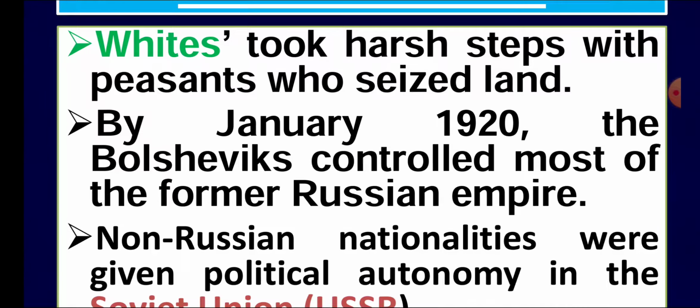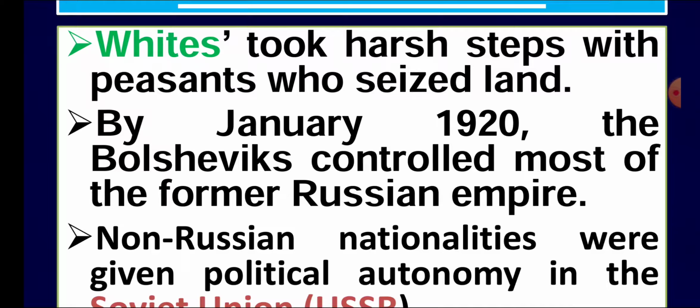So these Whites, or pro-Tsarists, those who were enjoying power for many years, took harsh steps because they had power at that time and punished some of the peasants.